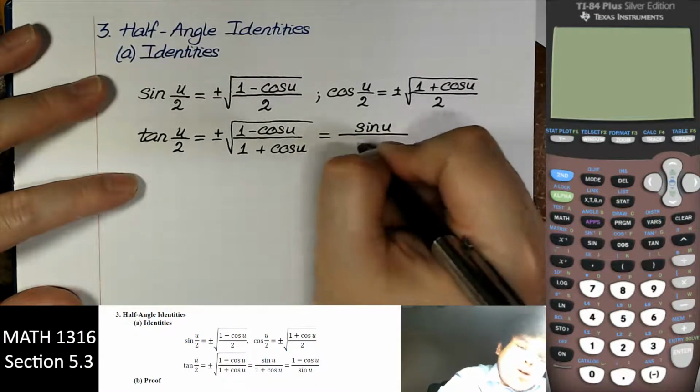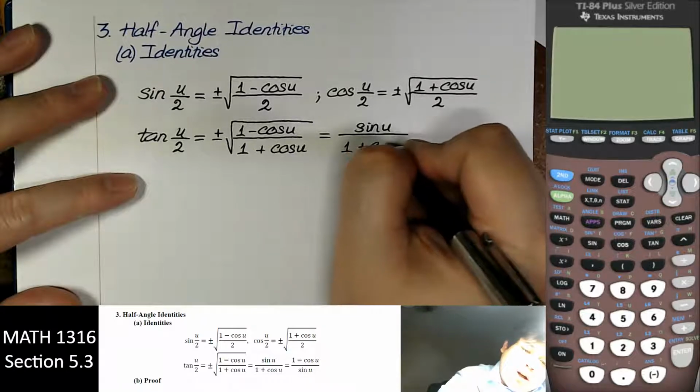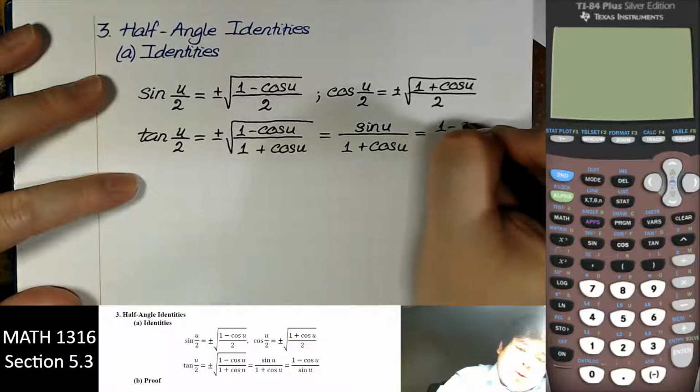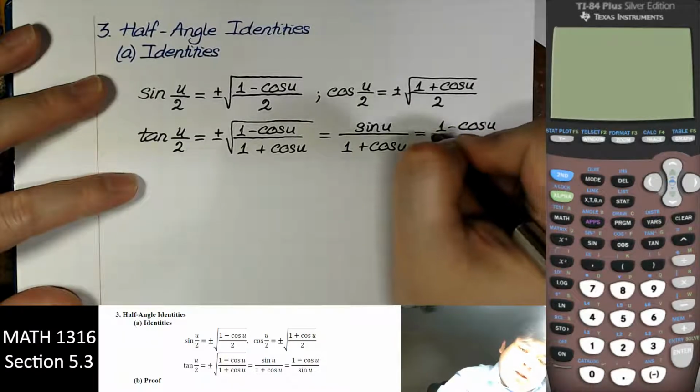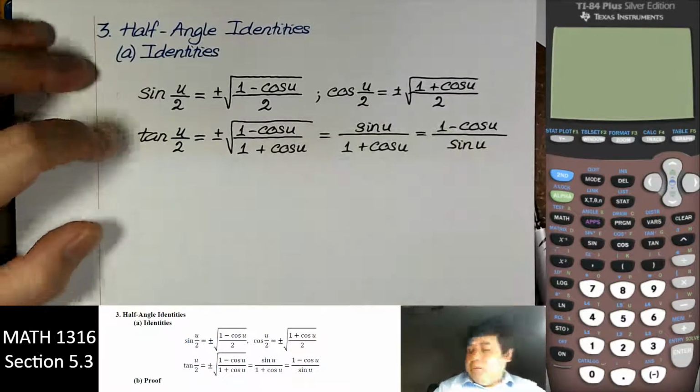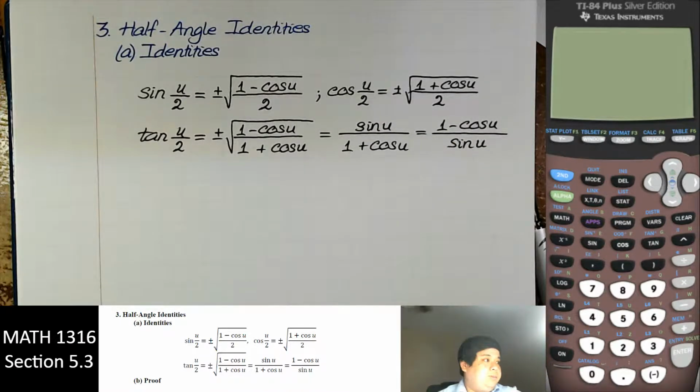Or sine u over 1 plus cosine u, and 1 minus cosine u over sine u. I'm going to do one of the proofs.